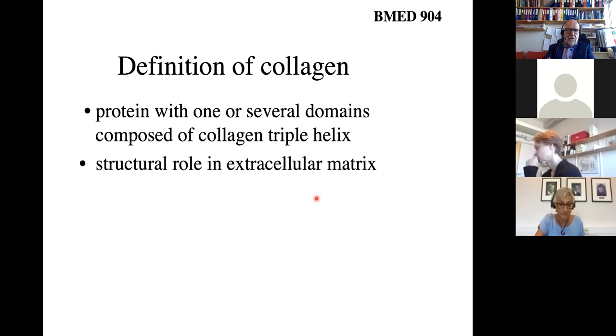Suffice to say that we define a collagen as a protein which has one or several domains which are composed of a collagen triple helix. And the second criterion that must be fulfilled, this protein must be a structural protein. So it must give some structure. The reason why this criterion is included is because there are proteins which have a collagen triple helix as the structural building block, but they are not part of the matrix.